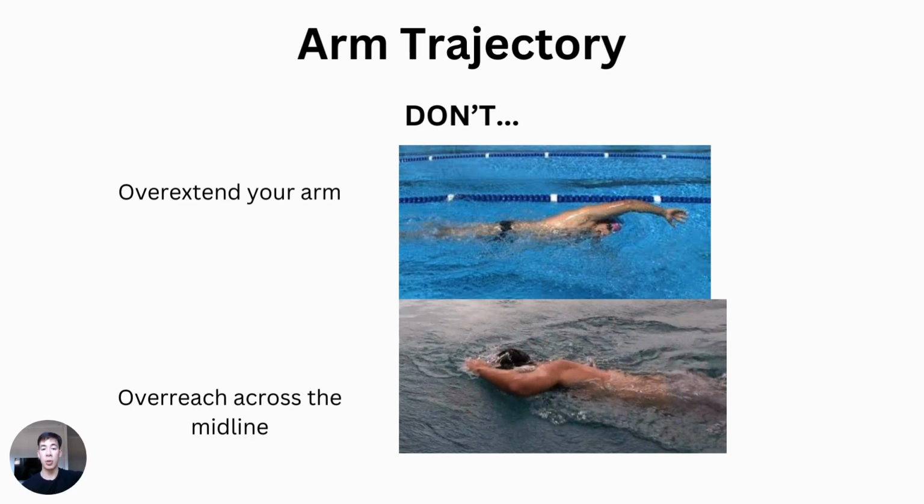What that's going to do is create a lot of wasted movement, because once your hand enters, you don't have to go out again and then pull backwards. And we don't want that. Also, it's going to put way more strain on your shoulder, your biceps, and overall deltoids, like I mentioned. And you don't want that, because over time that could really lead to an injury. And the last thing you want is to be put out of the water.